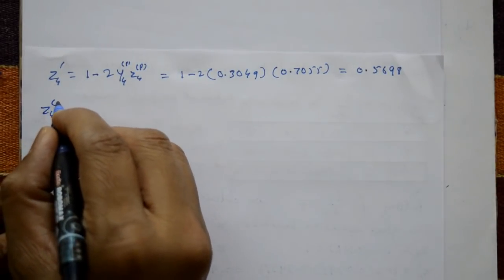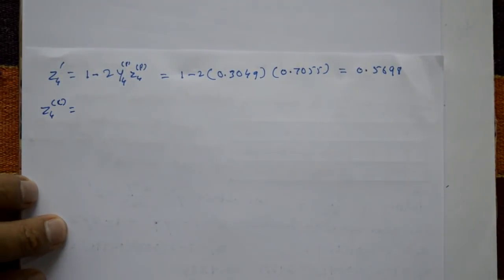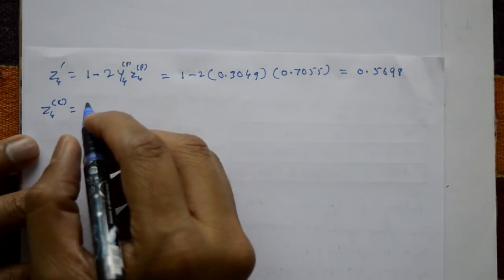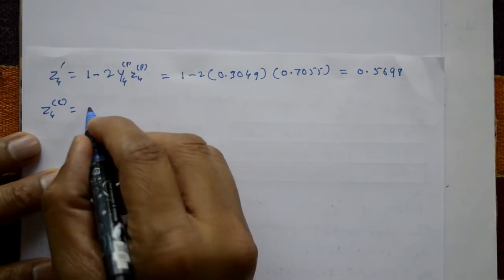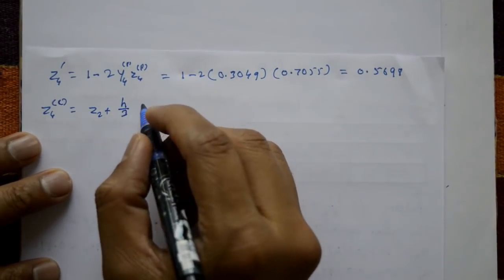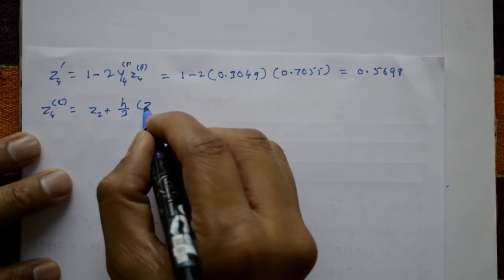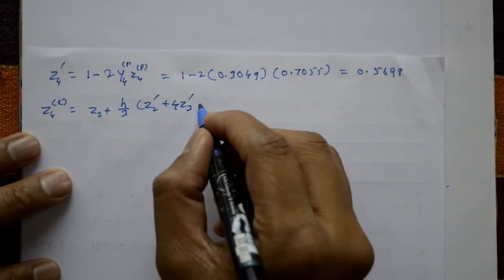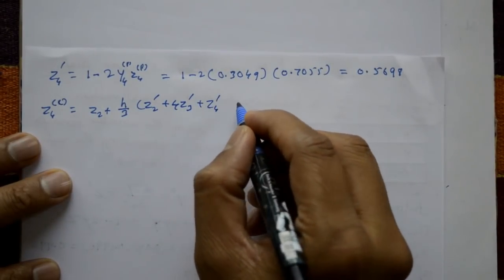Next, go to the corrector formula. Now the z4 corrector formula is z2 plus h by 3 into z2 dash plus 4 z3 dash plus z4 dash.